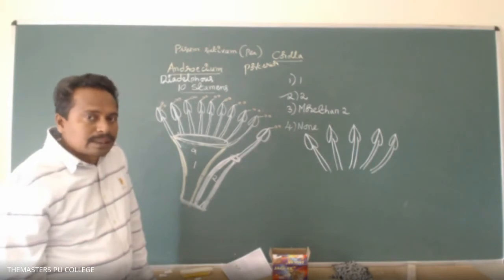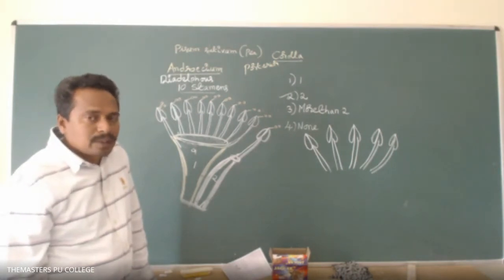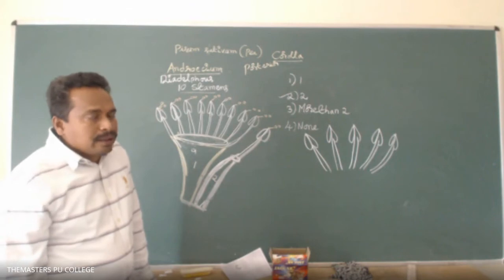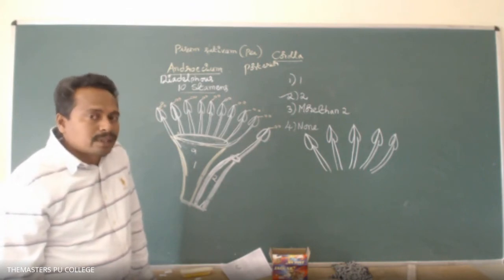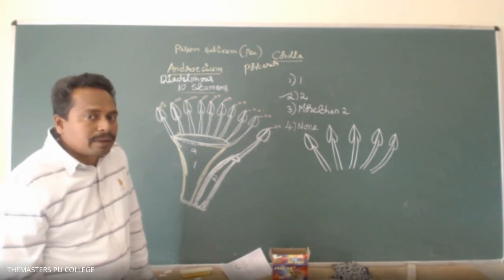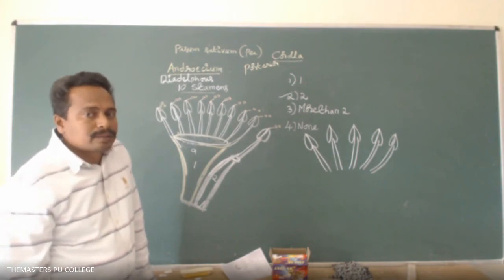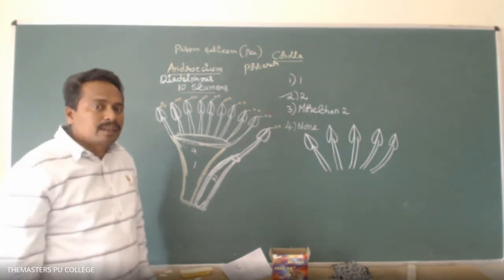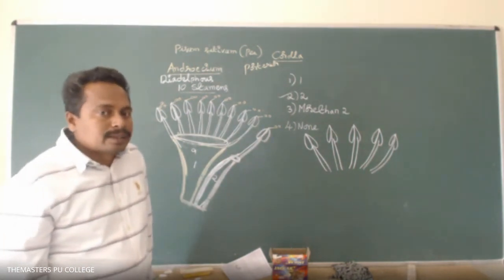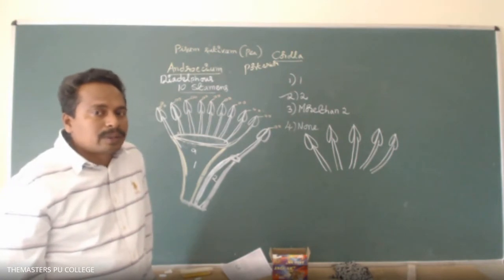Staminode means the sterile stamen. In acacia, a few of the stamens do not produce pollen grains. So sterile stamens are called staminodes.